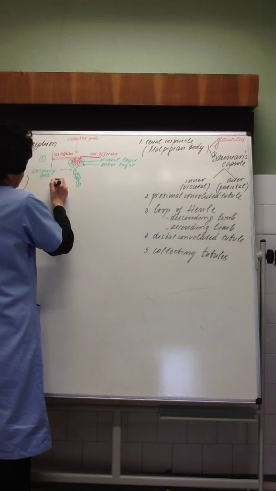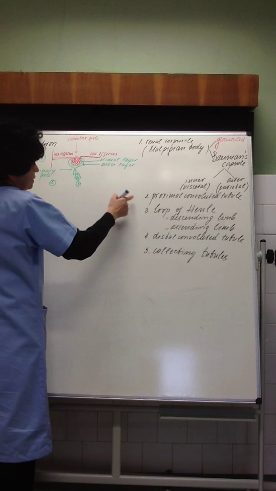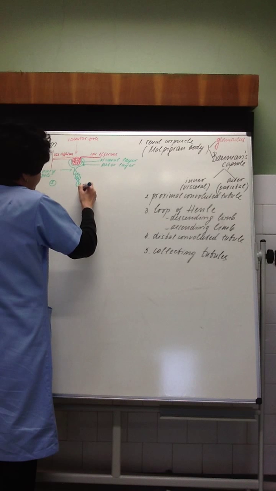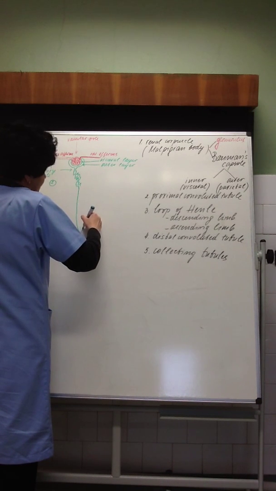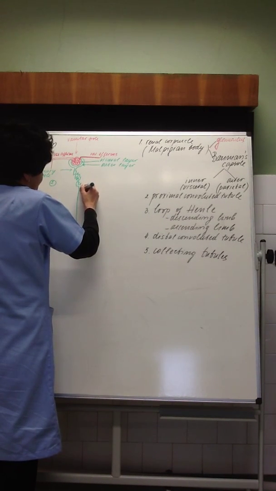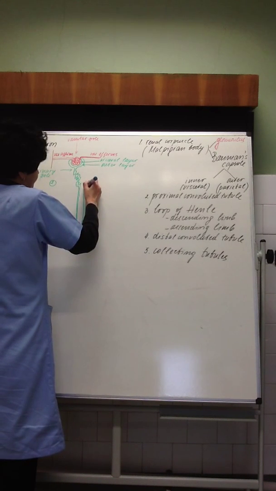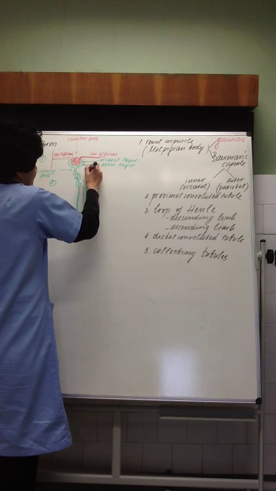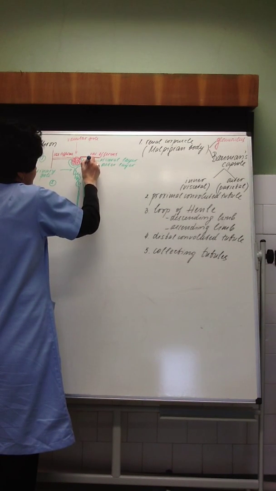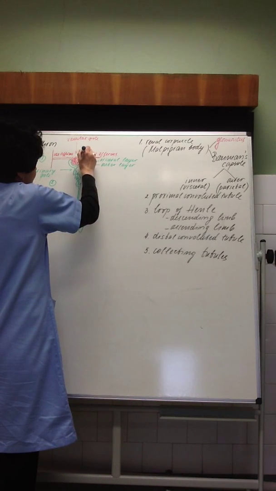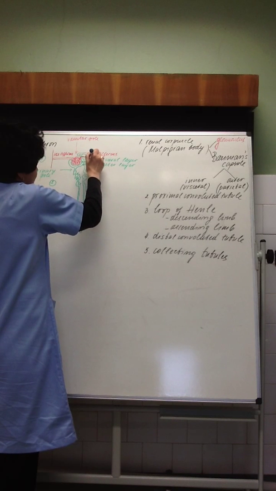The second part is the loop of Henle, descending and ascending. Then distal convoluted tubules.